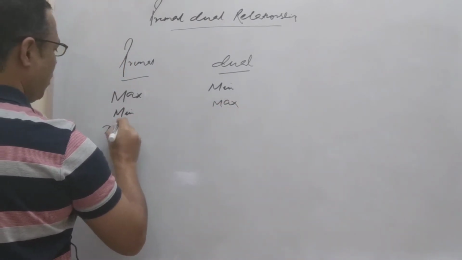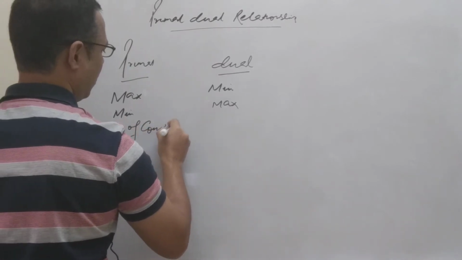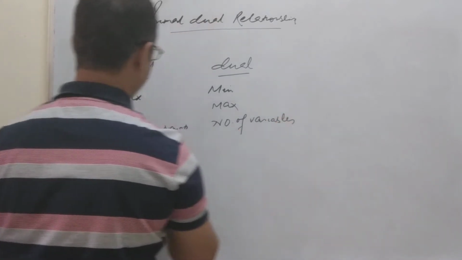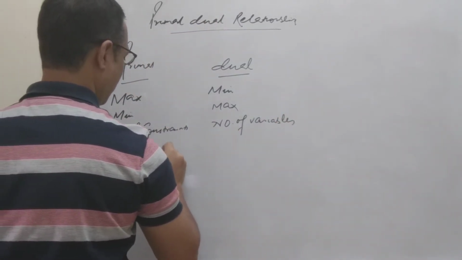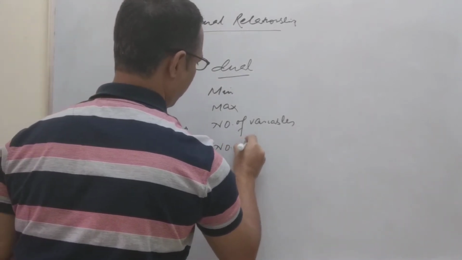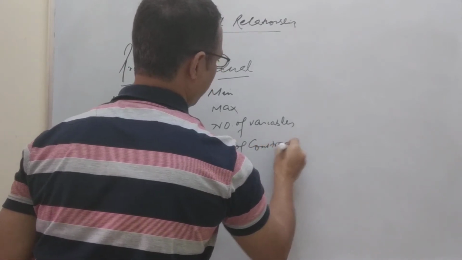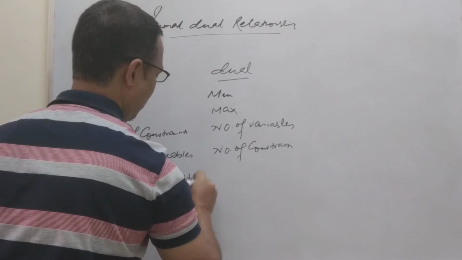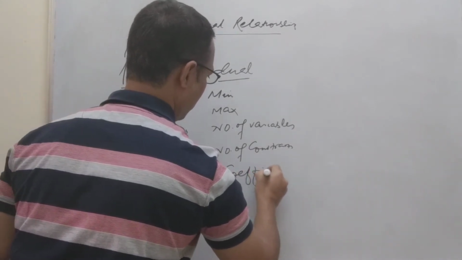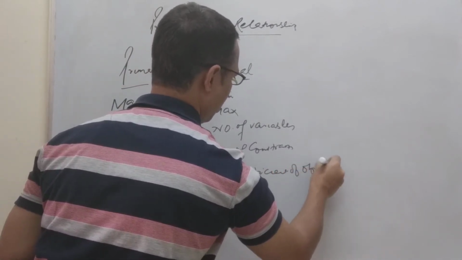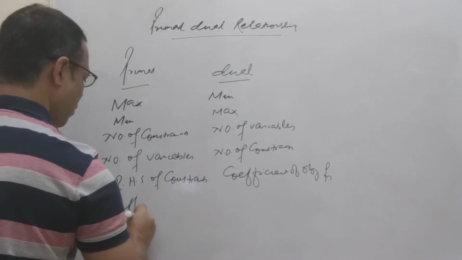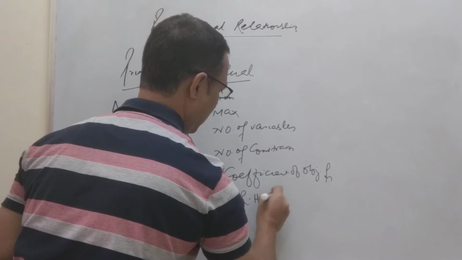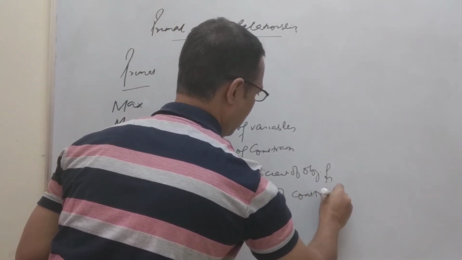And the number of constraints will change to the number of variables, and the number of variables will get changed to the number of constraints, and the right hand side of constraints will become the coefficient of the objective function, and the coefficient of the objective function will become the right hand side constants.